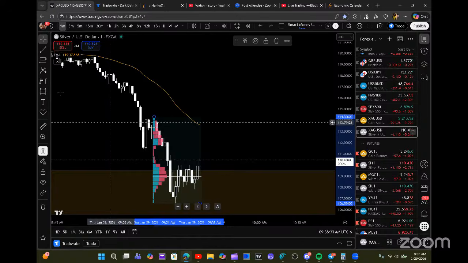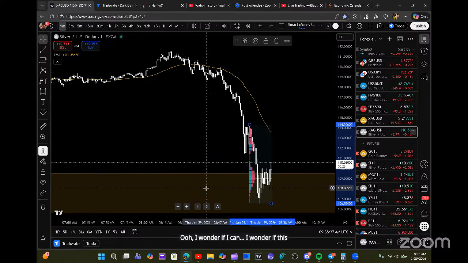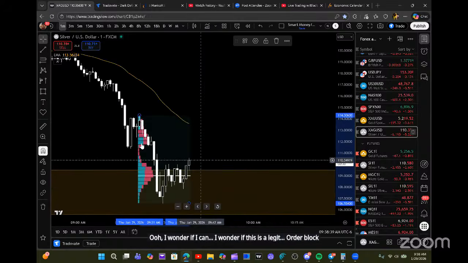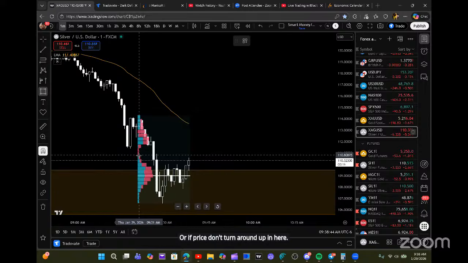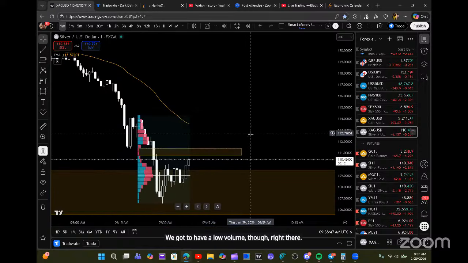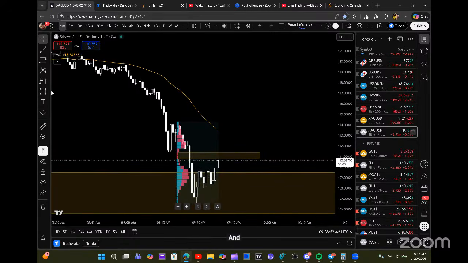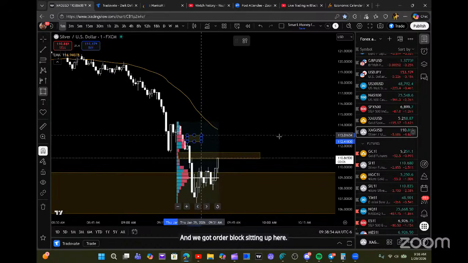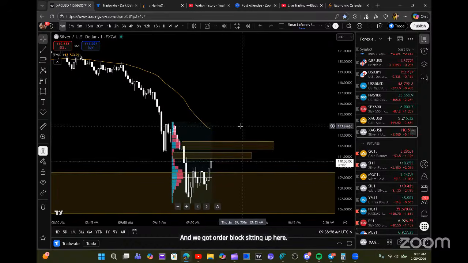Ooh, I wonder if this is a legit order block, or if price gonna turn around up in here. We do have a low volume node right there, and we got an order block sitting up here.